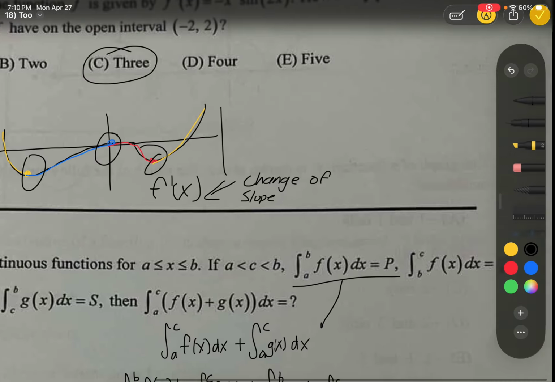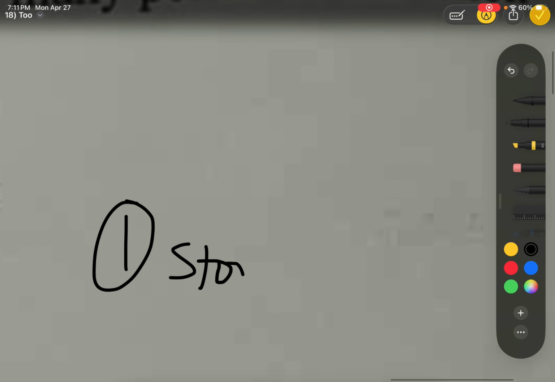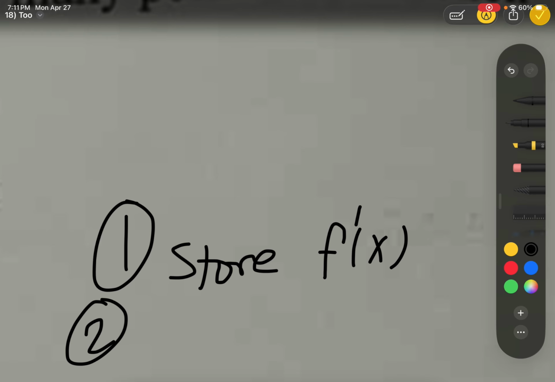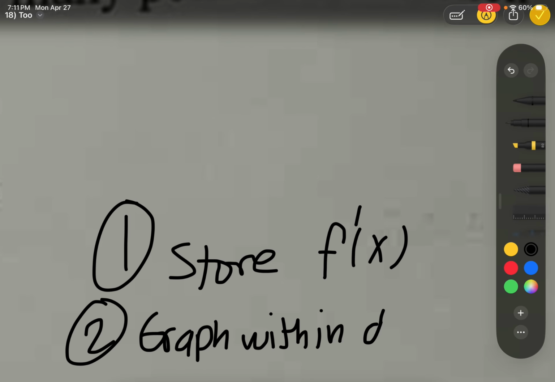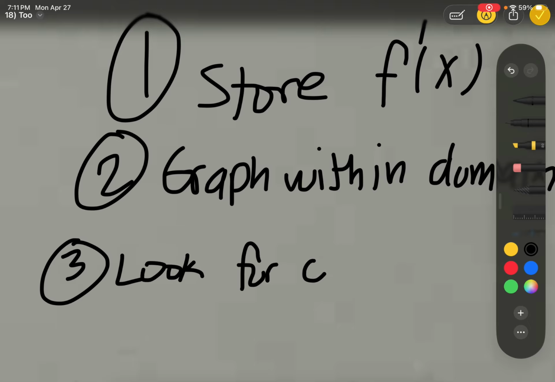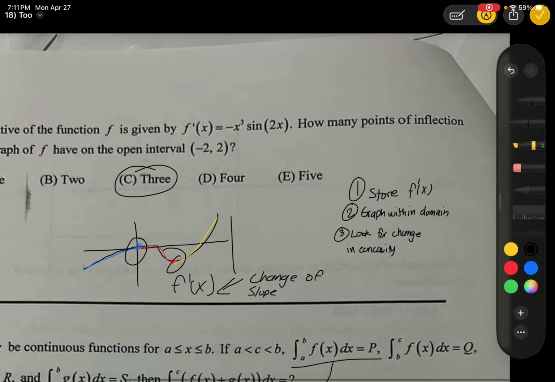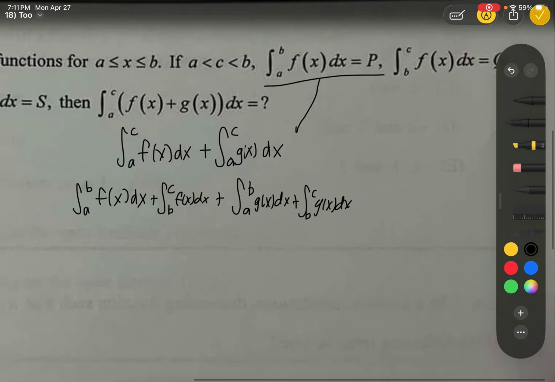So now, oh, I forgot to write the steps here. 1, restore function. 2, graph within domain. Then 3. All right.